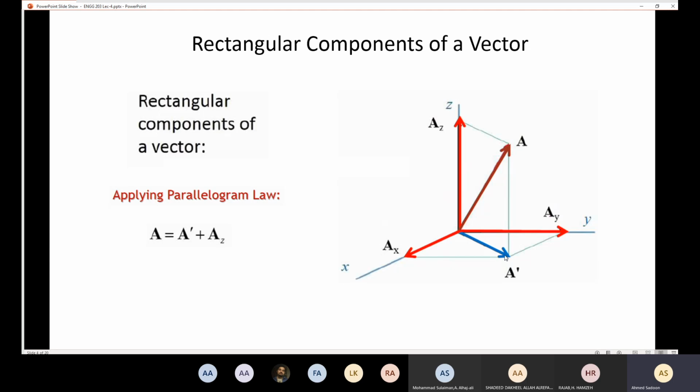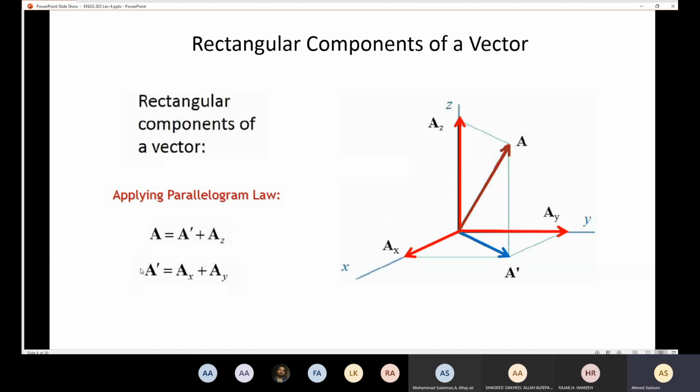Now I have the A prime vector here. Again, I'm going to say that I'm dealing with only 2D. This one is X and this one is Y, so I'm going to ignore everything else. I'm going to find the components of A prime here. So again, I'm going to apply the parallelogram law. I'm going to draw a parallel line here and a parallel line there. Then the vector AX plus the vector AY is going to give us the vector A prime.